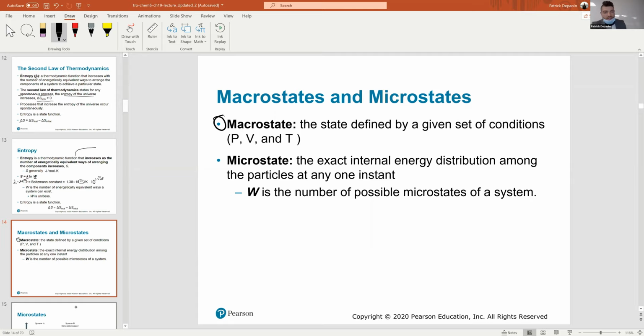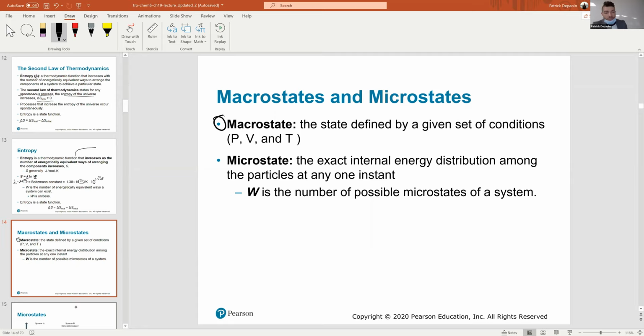The microstate is the exact internal energy distribution among the particles at any instant. What that means is if you're a particle in a beaker of water, you're looking at how fast you are going compared to the water molecule next to you.